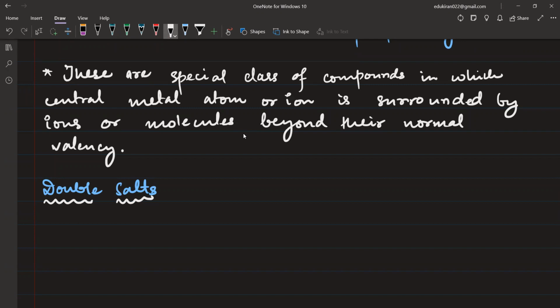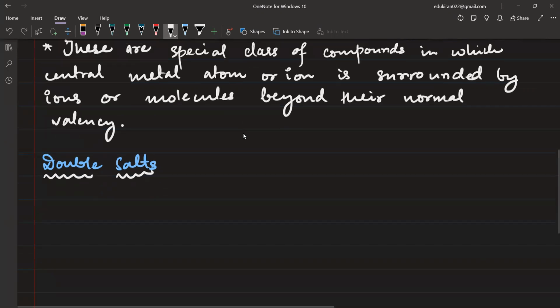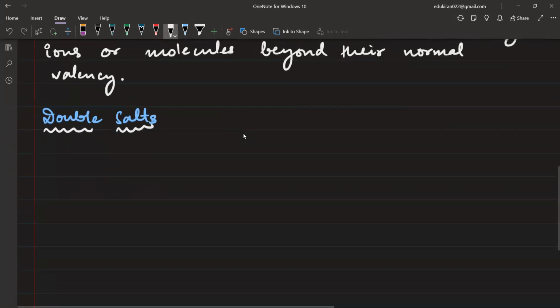How do they differ with each other? Double salts have their identity in the crystalline form, the solid form, but as soon as you dissolve it inside water, they are going to lose their identity. But coordination compounds maintain their identity even in the dissolved state. Please write.